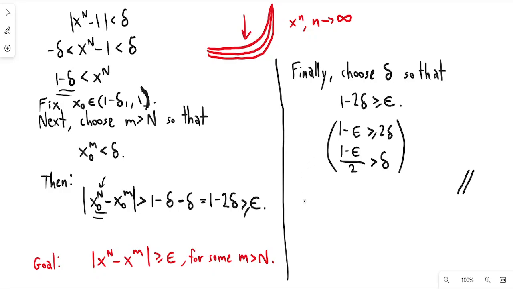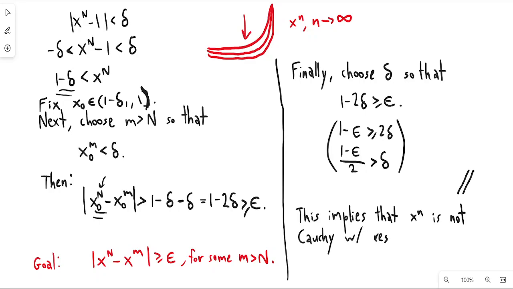I guess as a final comment, you can notice this implies the following. This implies that x to the n is not Cauchy with respect to the sup-norm.